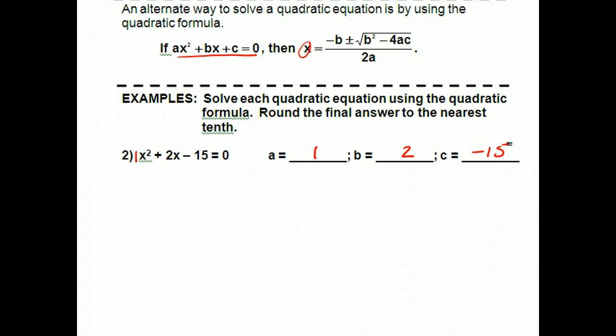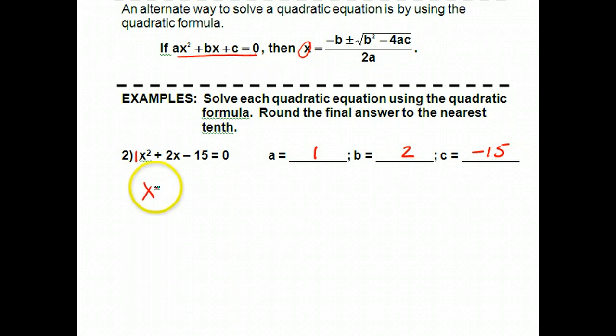Now it's really important that you write down the sign of the corresponding number. Don't just write 15 here, or you're going to get the wrong answer. So let's put that into our formula.